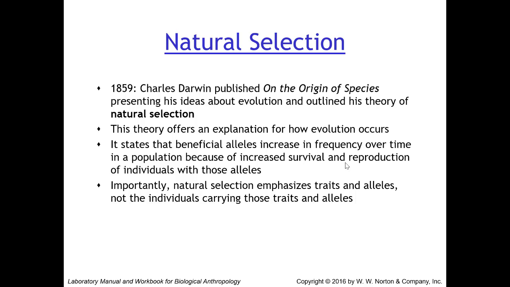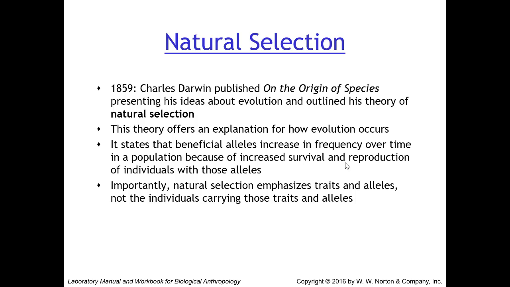Third, because of this competition, some versions of a trait will be better suited to the environmental context than other versions, like accessing food or reproducing efficiently. Other versions will be disadvantageous, like limiting access to food or hindering reproduction.